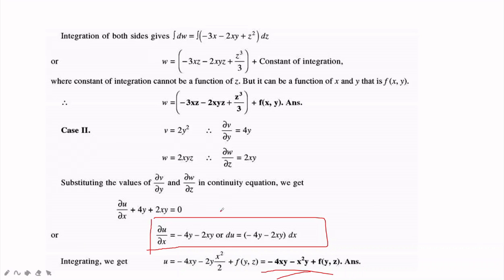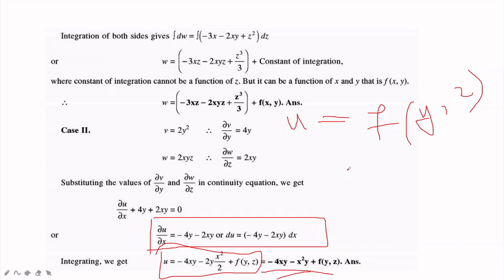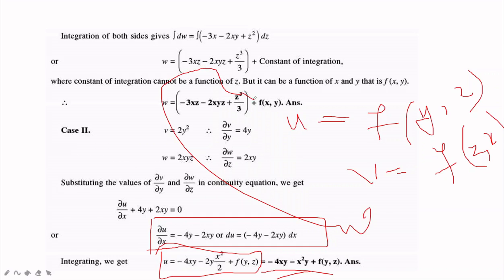integration. Here it is x, the u term. So when there is a u term, what will the constant of integration be in? It is a function of y and z. If it is u, the constant of integration will be f of y, z; we have to drop x. If it is v, we drop y, and the constant of integration will be written as z, x. If it is w, we write f of x, y.